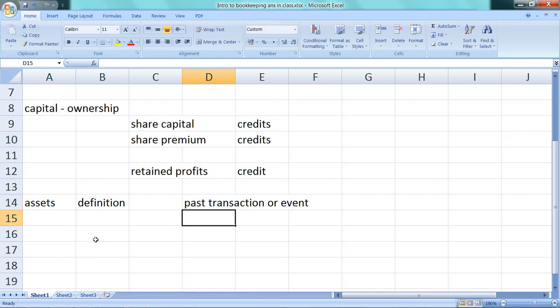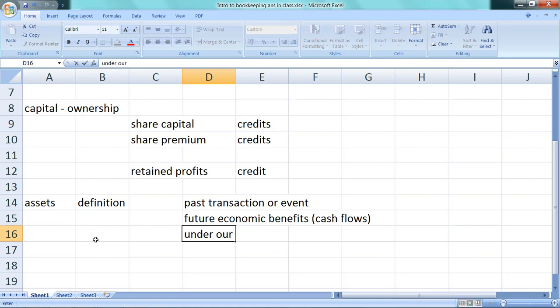That past transaction or event will generate what we call future economic benefits. These future economic benefits should really be seen as cash flows, and they are under our control. If I meet these 3 criteria, I now have an asset.